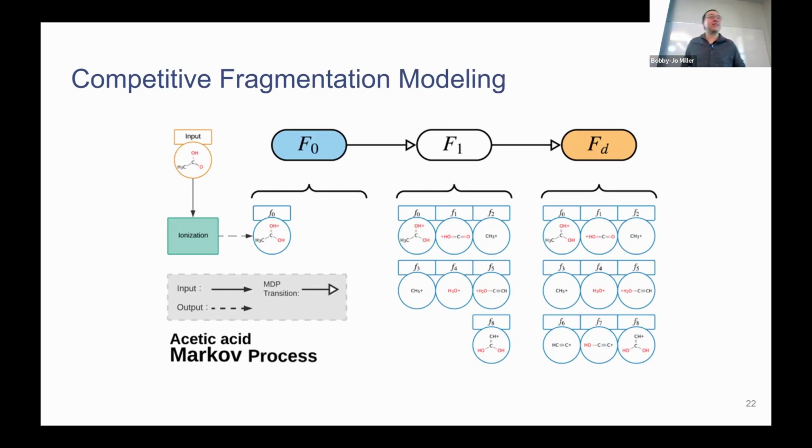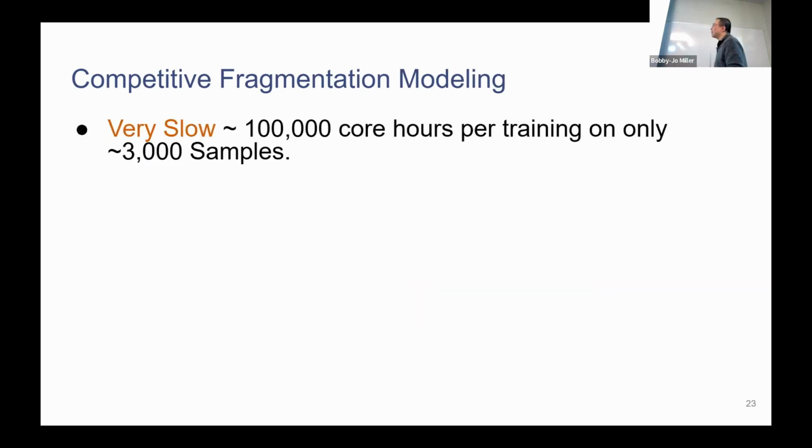This particular method was state of the art back then. And it does provide a very unique ability to not only predict the intensity and molecular mass, but also directly output the fragments.